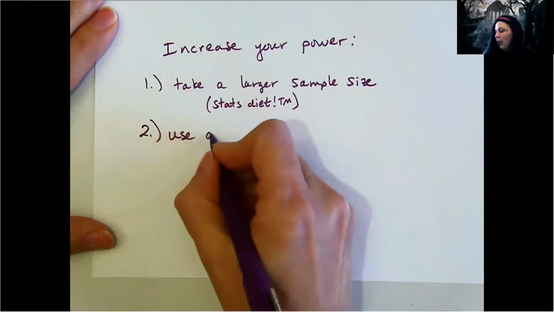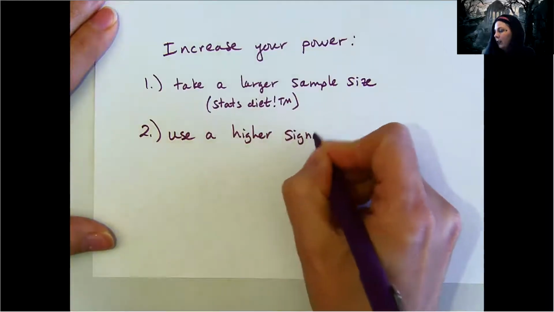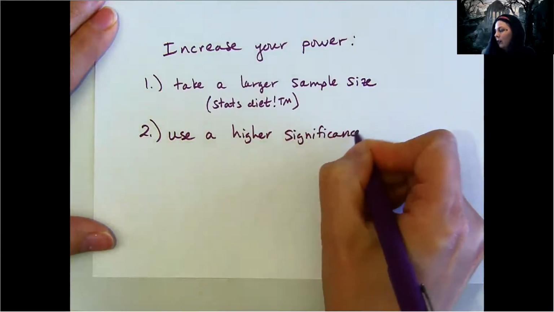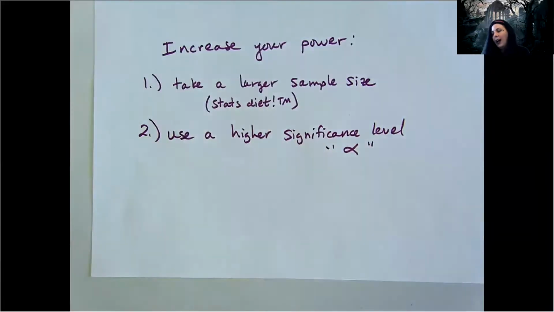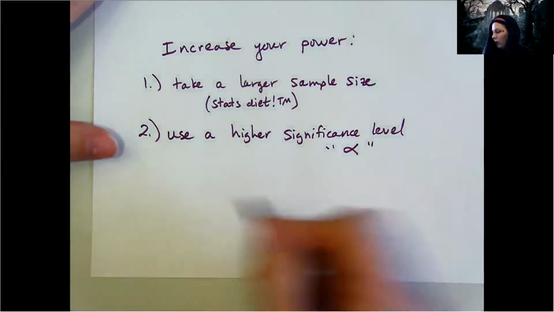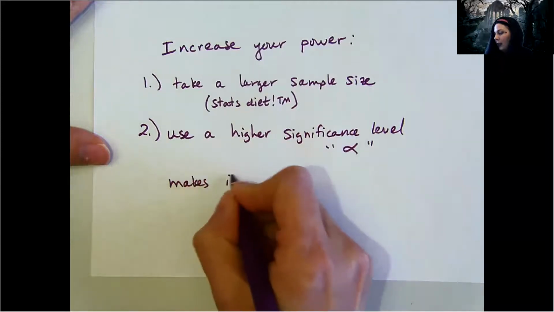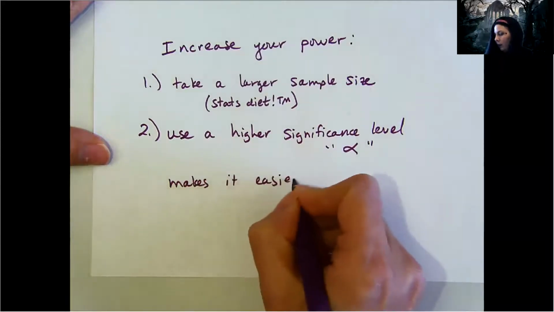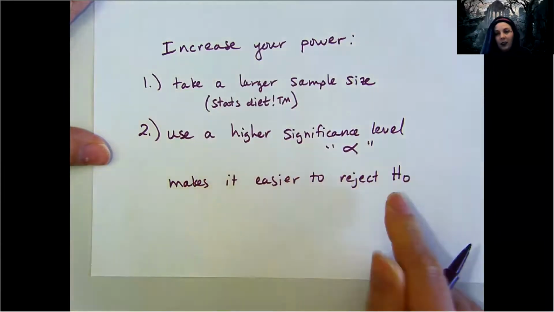And another way, all right, you could also increase your power by using a higher alpha level. So use a higher significance level, and the symbol for significance level is that alpha. So use a higher alpha, a higher cut score. If you have a higher cut score, a higher alpha level, it makes it easier, right? Makes it easier to reject the null hypothesis.